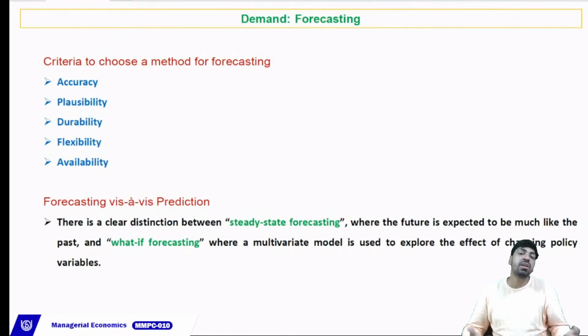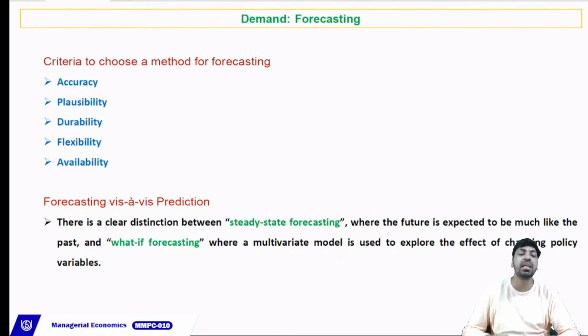It is a flexible approach to forecast the demand. These methods, quantitative and qualitative, should always be available, to be used wherever and whenever needed. So these are the criteria to choose a method of forecasting and prediction.